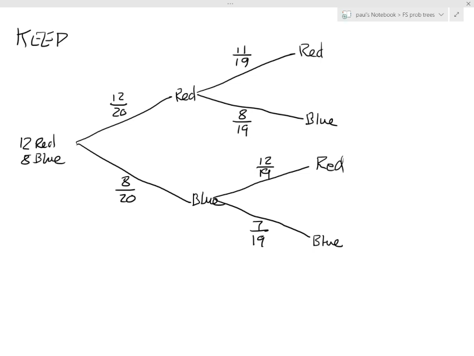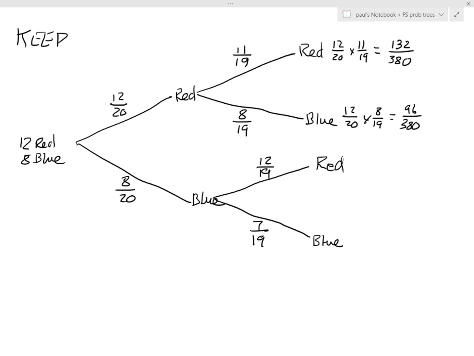Okay, the odds of getting red, red are 12 out of 20 times 11 out of 19. And that is 132 over 19 times 20. 2 19s are 38, so it must be 380. So red followed by blue is 12 over 20 times 8 over 19, which equals 12 8s are 96 over the 380.